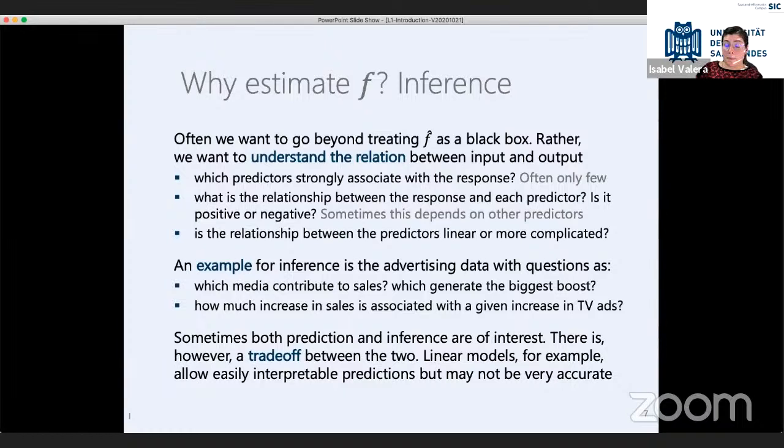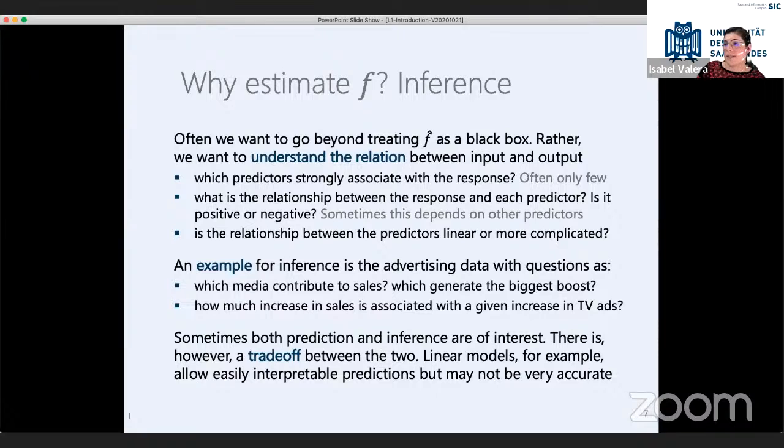The other reason is to make decisions, for example how you will distribute your advertisement budget. So this is a predictive task, but you might also want to understand the relationship, for example whether a bigger budget has a positive correlation with sales, so that if I increase my investment in advertisement, I get higher sales.